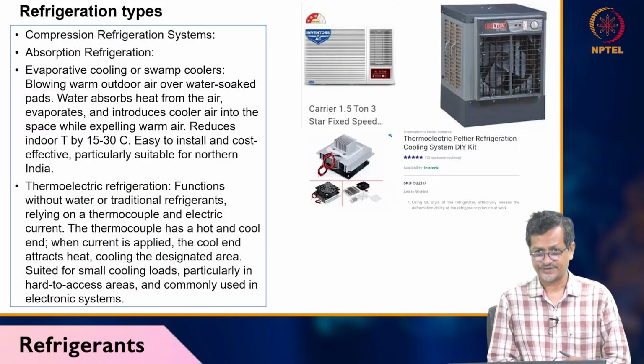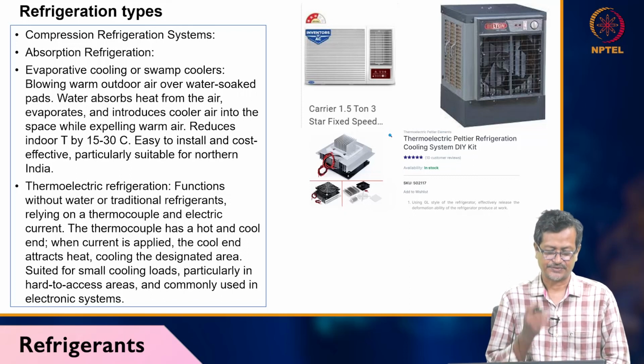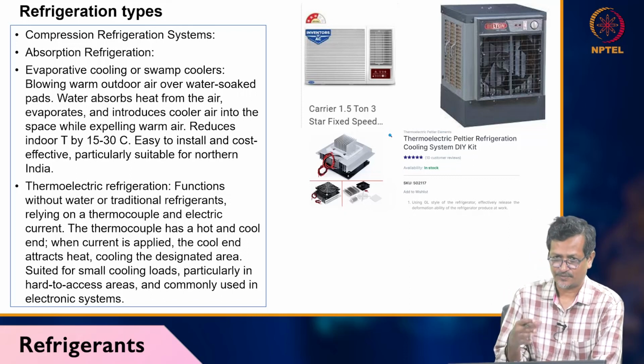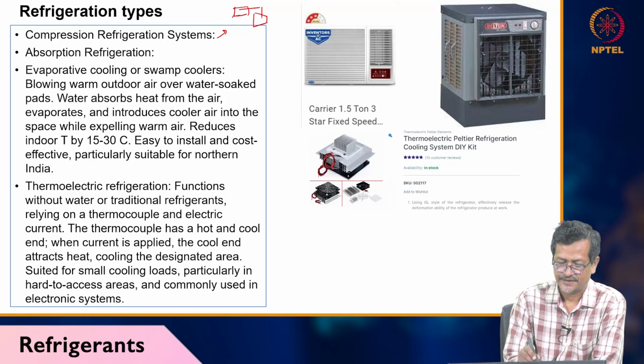We have seen air conditioner types: split air conditioner, window air conditioner, centralized air conditioner. Refrigeration types can be divided in a similar way, though there is nothing like a split air conditioner, but I will explain the technology. The vapor compression system I already explained: one compressor, then the condenser, then one throttle valve.